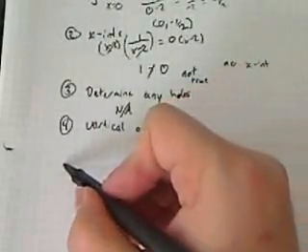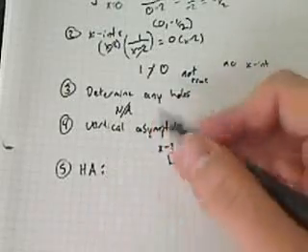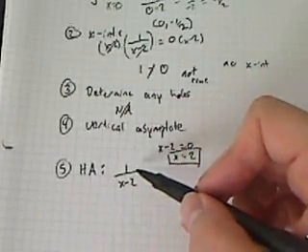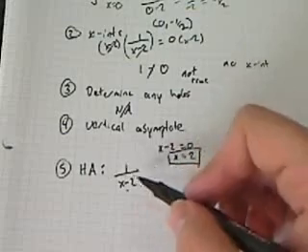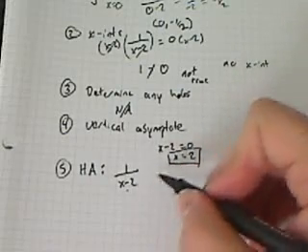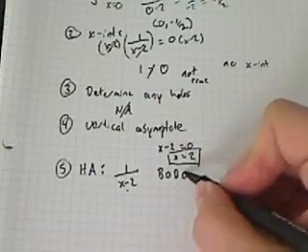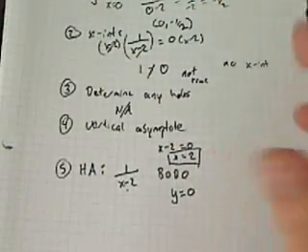Our fifth item is we need to determine our horizontal asymptote. So in this case, with 1 over x minus 2, I have degree 0 in the numerator and degree 1 in the denominator. So that's a larger degree in the denominator. Bigger on bottom is BOBO, or y equals 0.